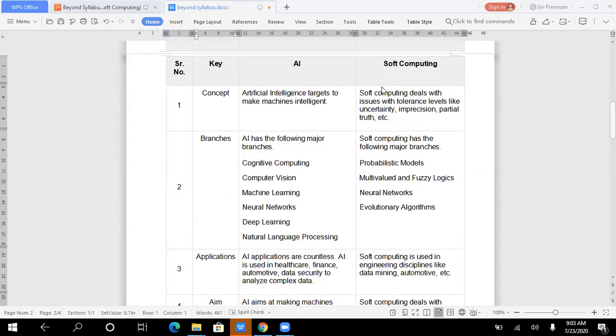While soft computing has the following branches: probabilistic models, multi-valued and fuzzy logics, neural networks, evolutionary algorithms, etc. Basically, these are the foundation pillars for soft computing. Now you can see there is an overlapping of one branch, called neural networks. Neural networks are the branch overlapping and working in both fields, AI and soft computing, because this is the mimicking of the human brain.